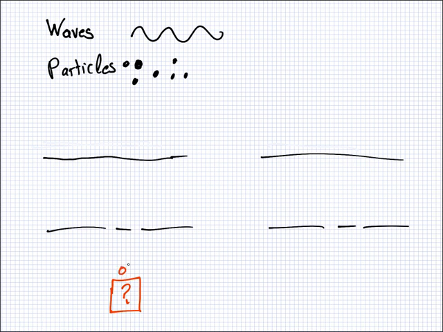If it's a particle and you fire it between the double slits, some of them will go left, some of them will go right. Some of them will bounce away, but some will go left and some will go right.